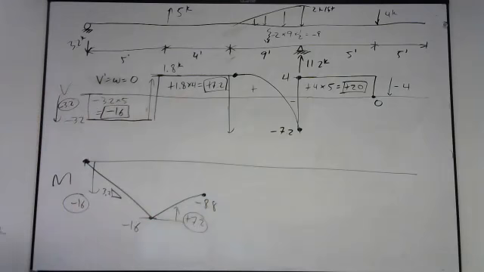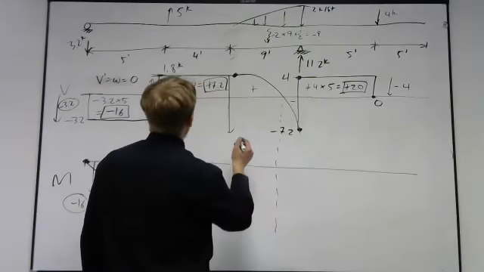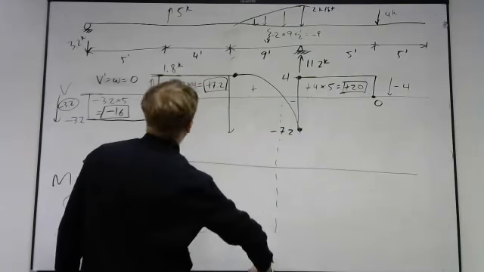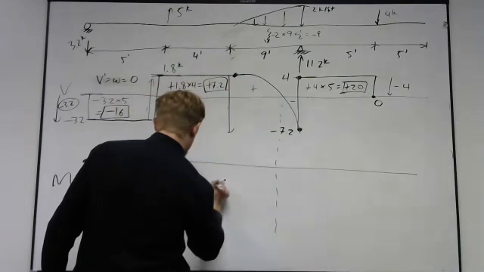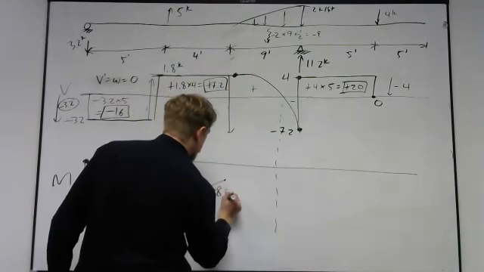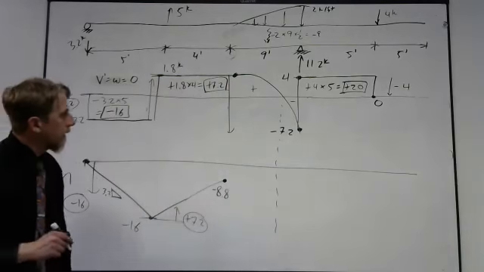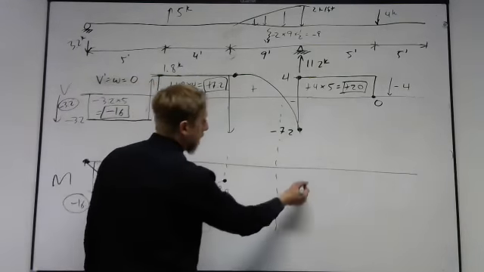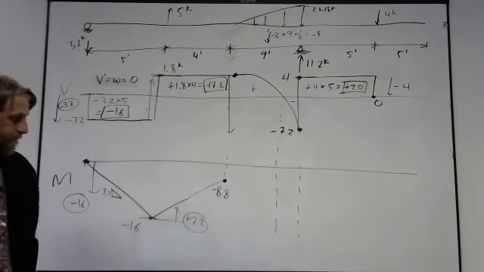All right, now I've got some tricky business here. I should draw this. This goes up to here. This is 8.8 minus. Got some tricky stuff here. Trying to sketch out what that looks like in a second.